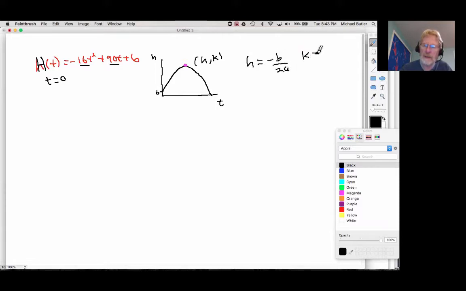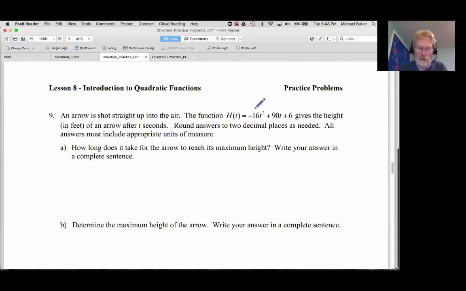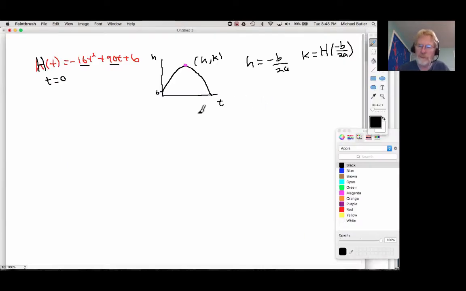And we know K is equal to H of minus B over 2A. In other words, take whatever function we're working with and evaluate it at H, and it'll give you back the maximum height. So it wants to know how long, and then the next one is going to be what is the maximum height. So we got to know H, we got to know K, right? Let's go do both those calculations.